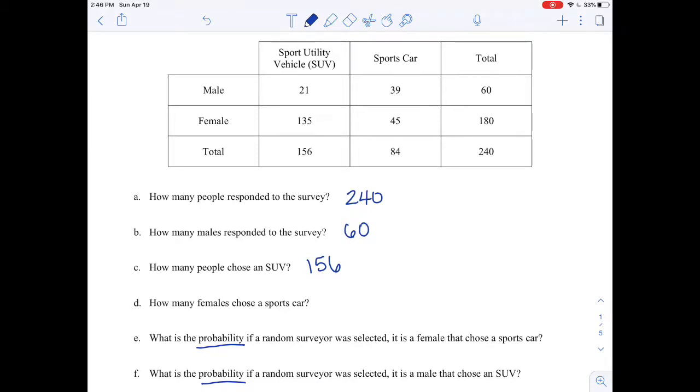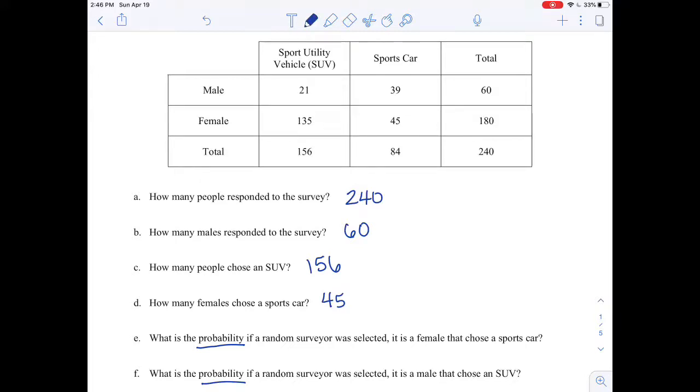Okay, so now you have to see where a column and a row overlap. So I'm dealing with people who are female, but I specifically only want the people who were female and drove a sports car, so I have to look at where that column and that row line up together. So that tells me there are 45 individuals who responded to this survey that were females who chose a sports car.